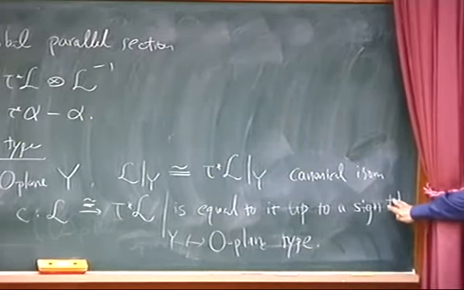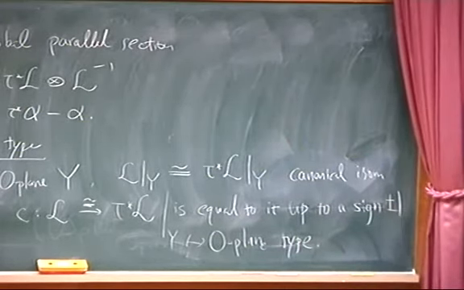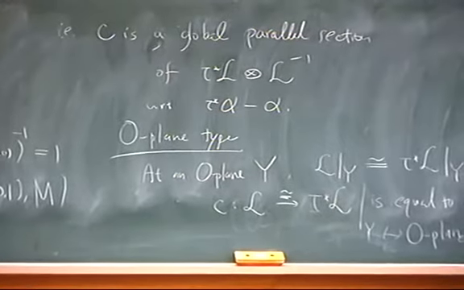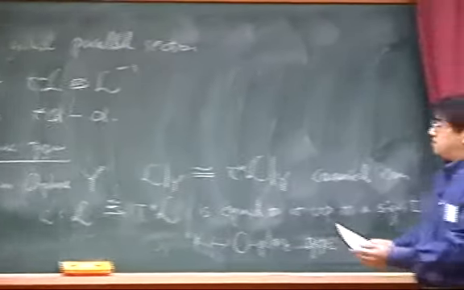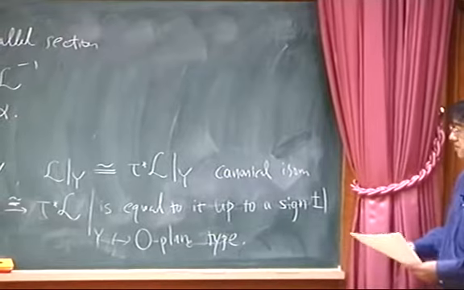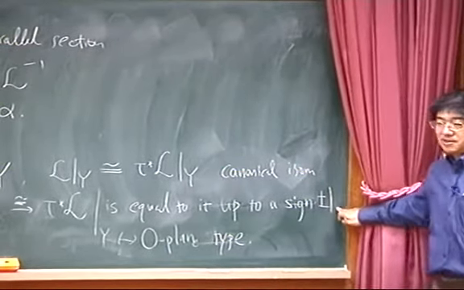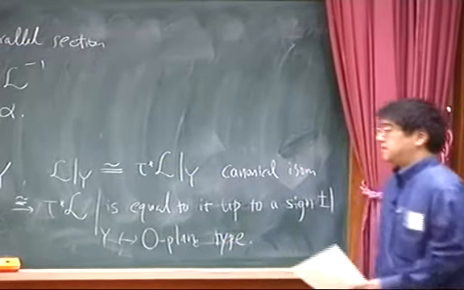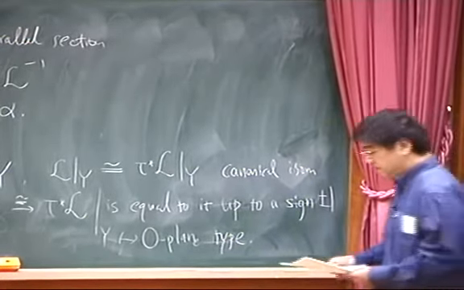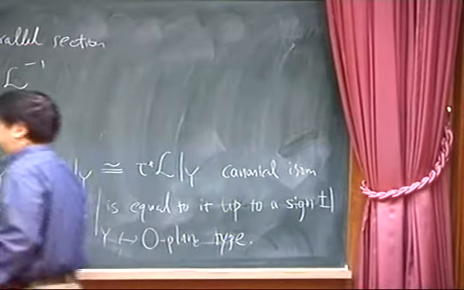I'm not saying this plus or minus corresponds to O plus or O minus. There's a certain rule depending on the dimension, and it makes not so much sense to write the list, so I don't write it. But essentially, either plus or minus corresponds to either O plus or O minus, or the opposite.